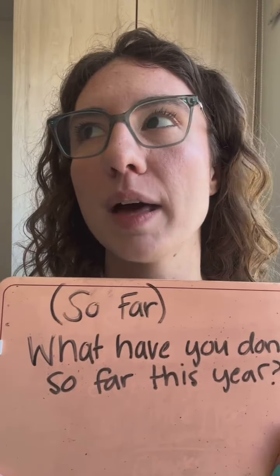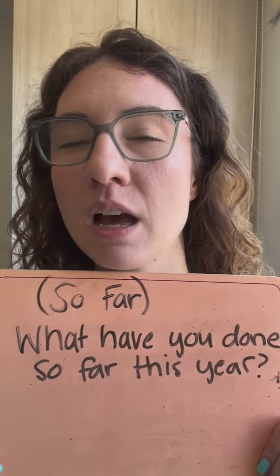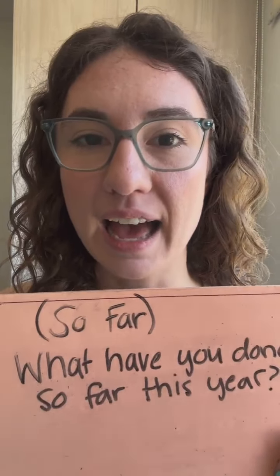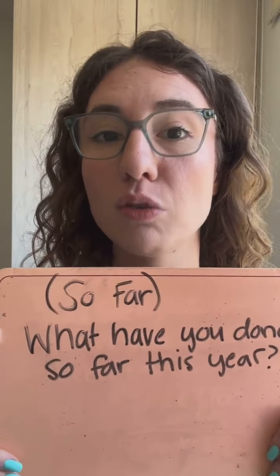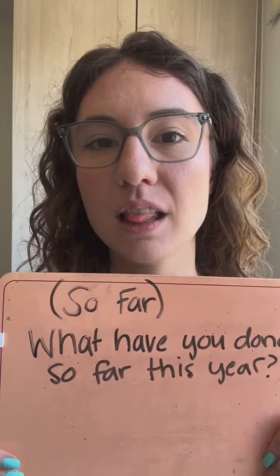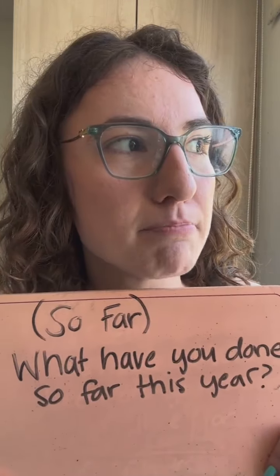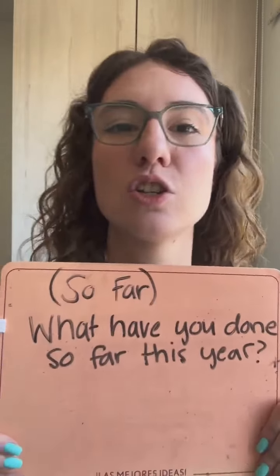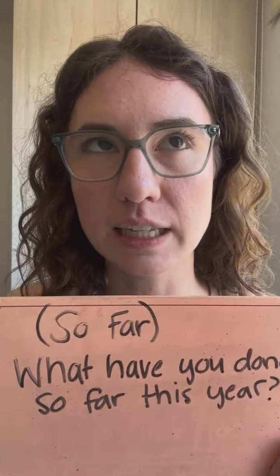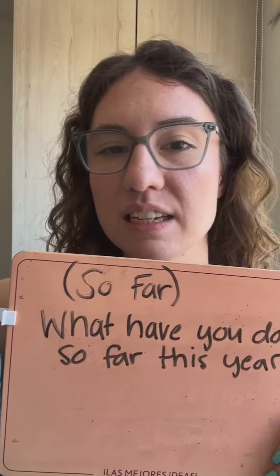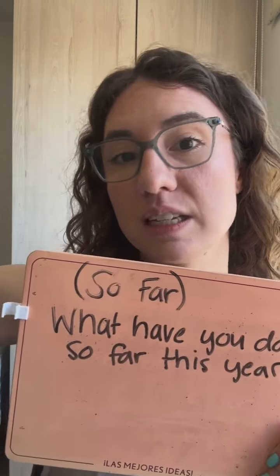But if I want to talk about an action that happened maybe a lot of different times and not in one specific situation, I would say, for example, I have had a lot of new students so far this year. I have made a lot of videos so far this year.